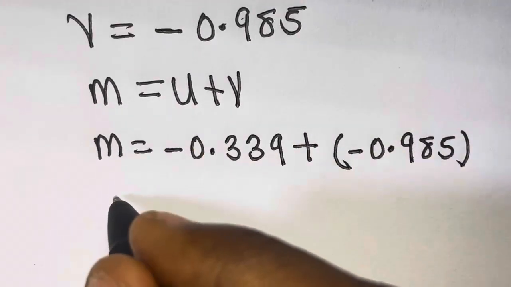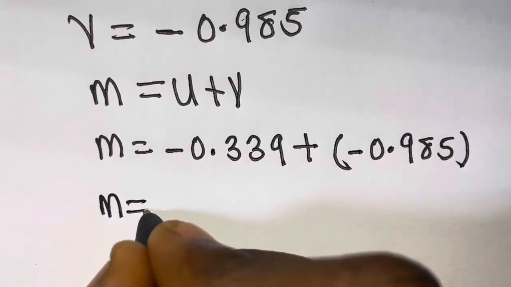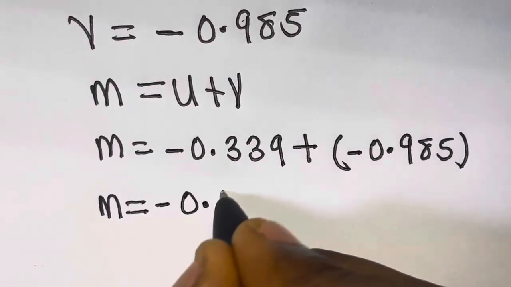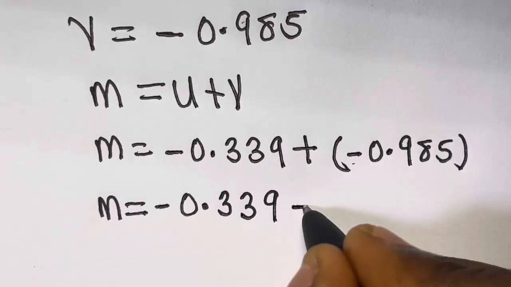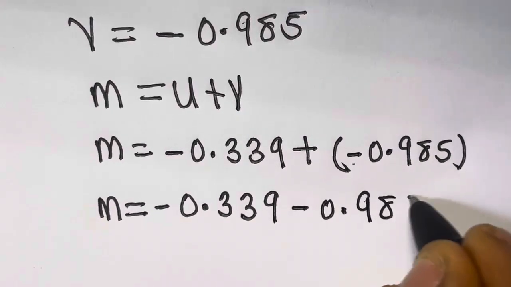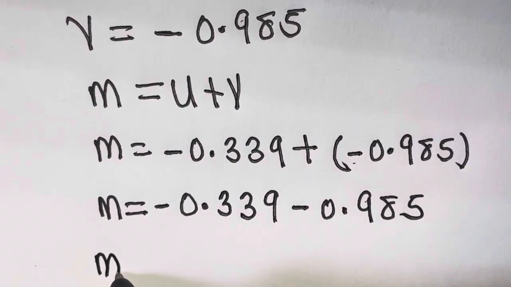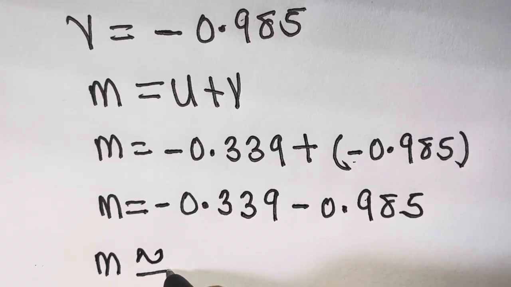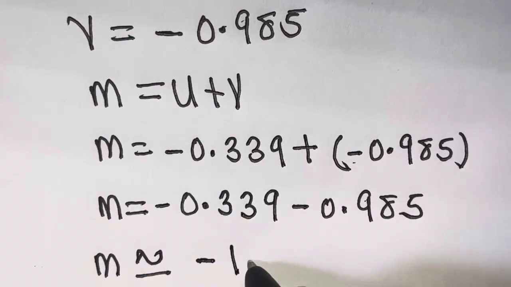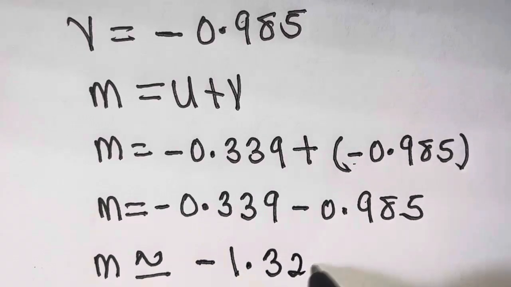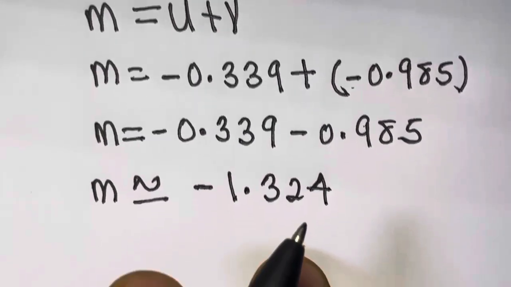So we have m equals minus 0.339 plus minus 0.985, which is approximately minus 1.324.